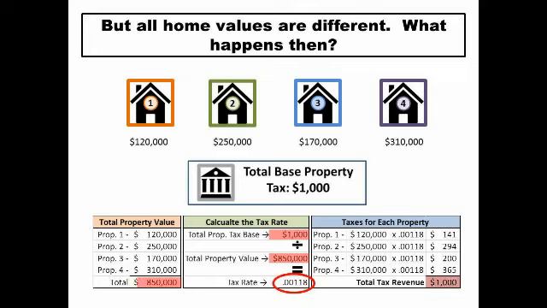And you can see the lowest valued home at $120,000 pays a tax of $141. The largest home of $310,000 pays a tax of $365. So taxes vary, but the total base property tax remains $1,000 that the county receives to provide those core services.